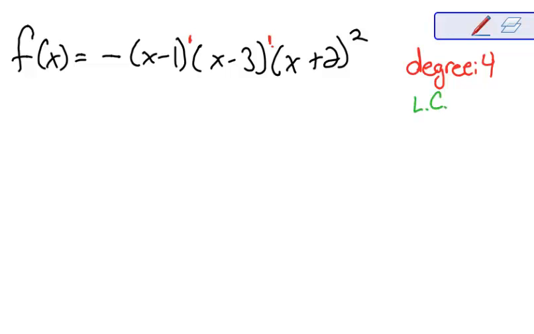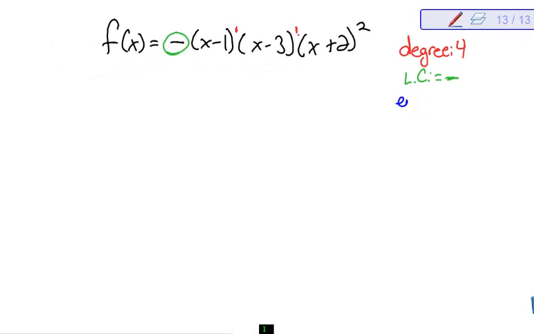My leading coefficient, notice, is this negative out here, so my leading coefficient is negative. Therefore, the end behaviors: my degree is even, and my leading coefficient is negative, so it's going to be both going down, just like a parabola opening down.